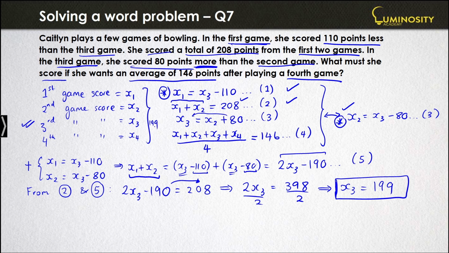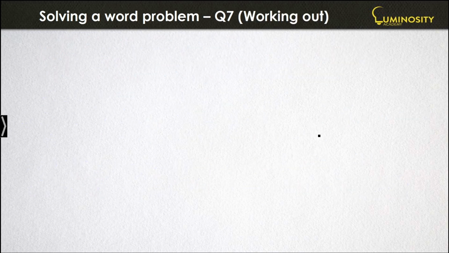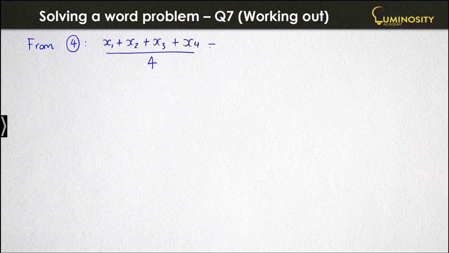All right, but now we can actually solve x4 very smartly by looking at equation 4, the only one we haven't used yet. So how do I do this? Well, remember from equation 4, you have that x1 plus x2 plus x3 plus x4 all over 4 must equal 146.